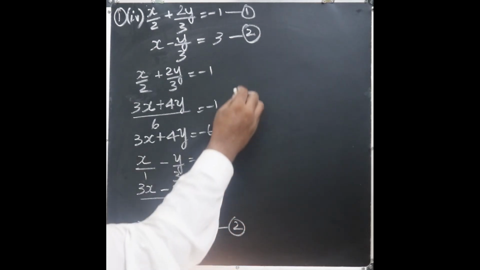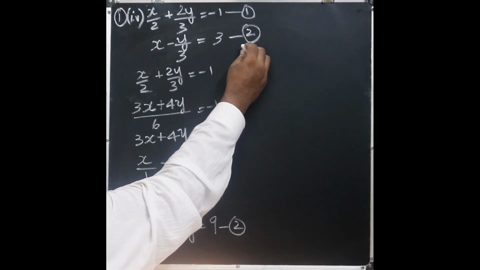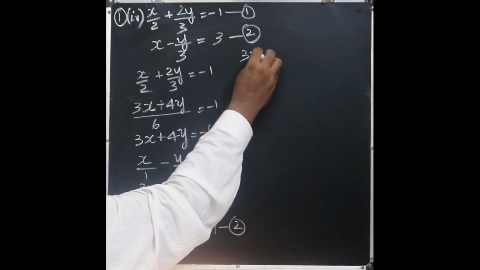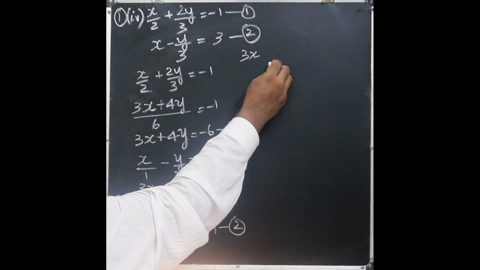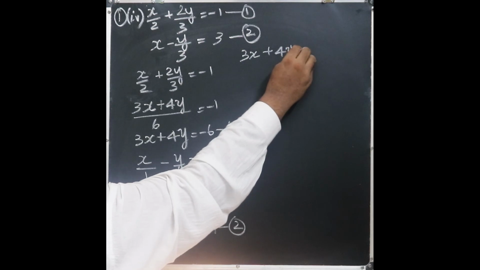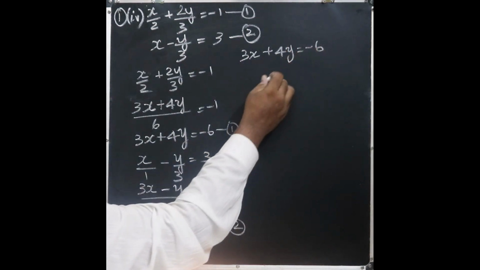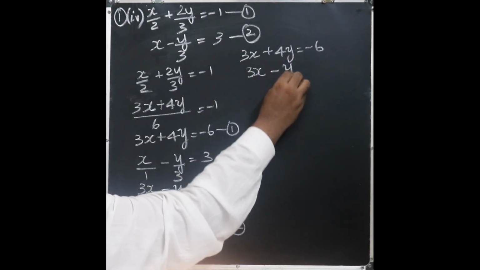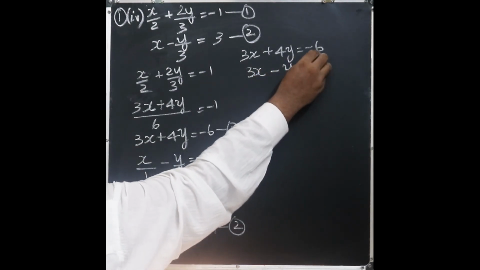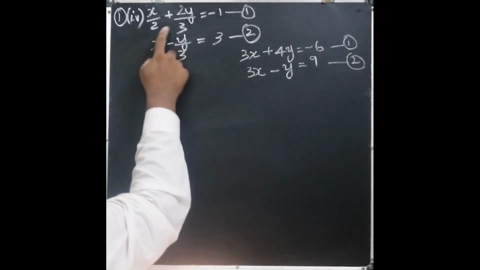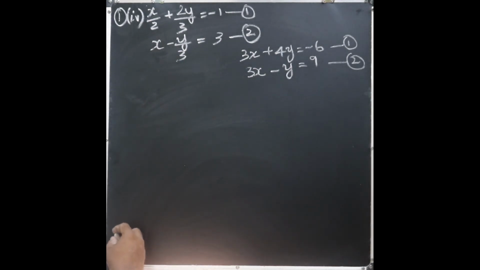So I will write both the equations here. We are going to have 3x plus 4y equal to minus 6, and the second equation is 3x minus y equal to 9. We are going to solve both the equations and find value of x and y. This is what we got after simplifying the first and the second equation.